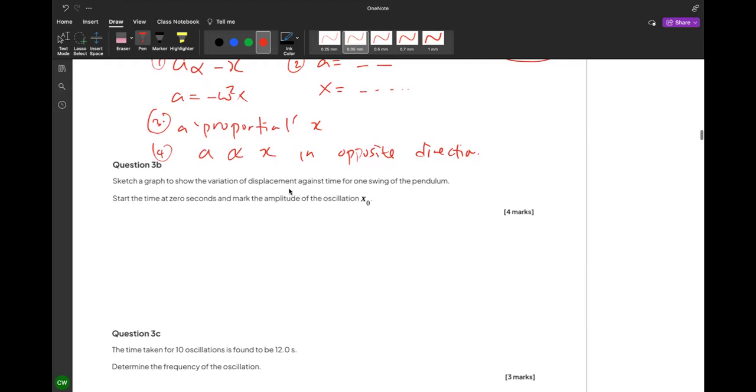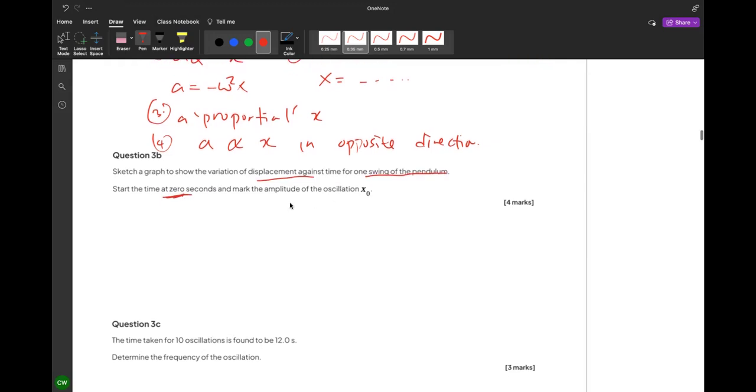Sketch a graph. Displacement against time for 1 swing of a pendulum. Start from 0. Mark the amplitude. 4 marks. How do you draw? Start the time at 0.